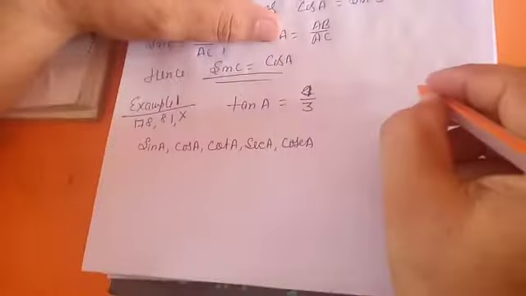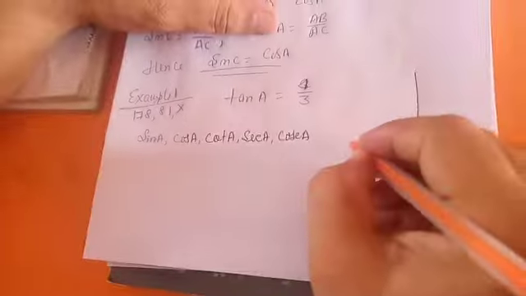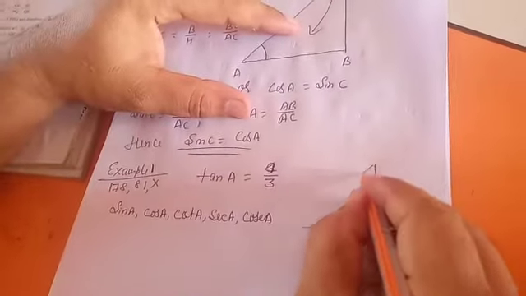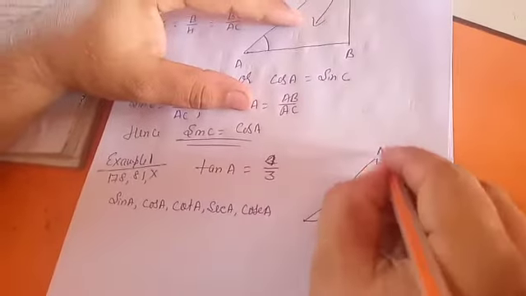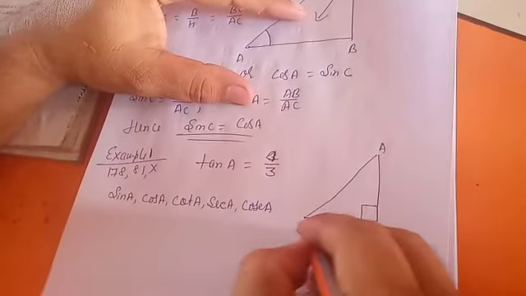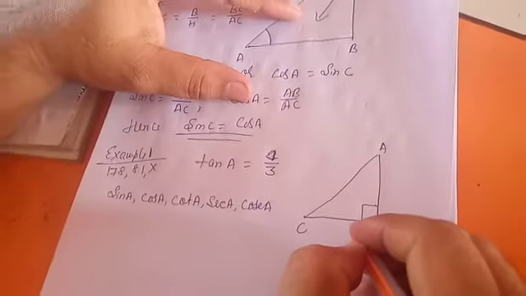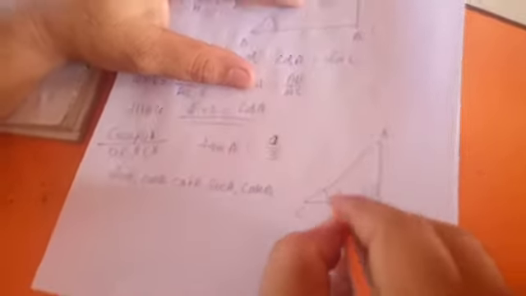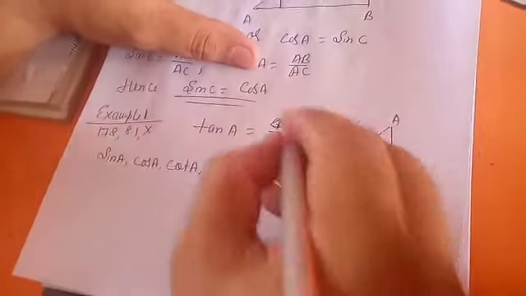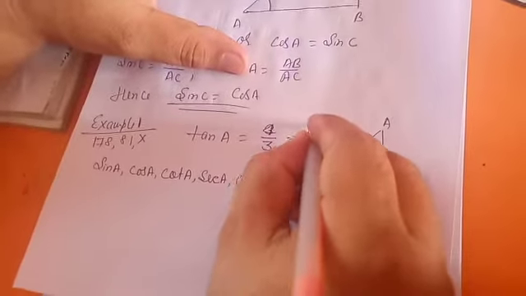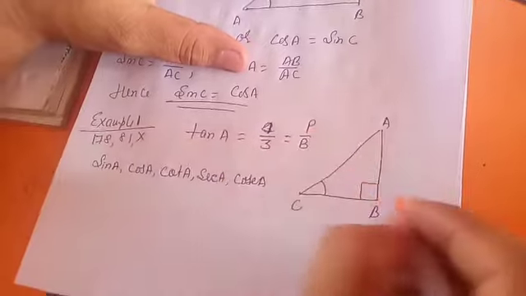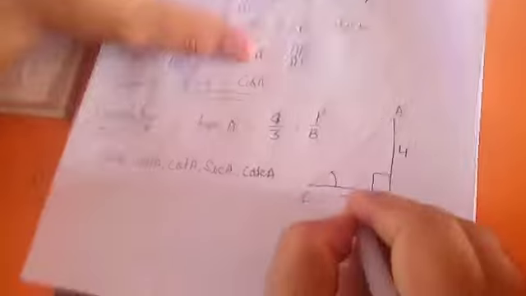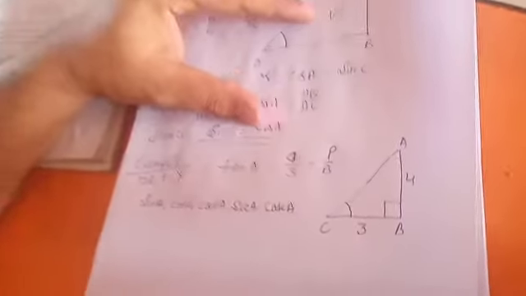So this is the triangle given to you. This angle is 90 degrees. A, B, C. What's given? Tangent A is 4 by 3, and tangent is always perpendicular by base. So perpendicular here is 4 and base is 3.